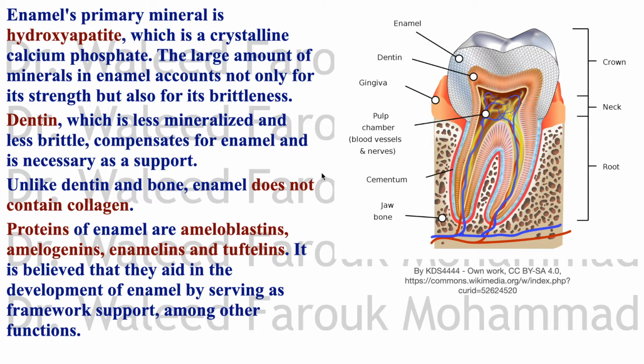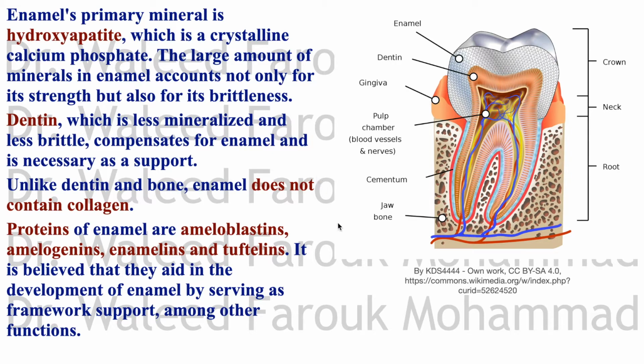The primary mineral in the enamel is hydroxyapatite. It's a crystalline calcium phosphate, and the minerals account for the strength and brittleness of the substance of the enamel. The dentin is less brittle and less mineralized, so it's rather softer than the enamel, but it provides support for the enamel, which does not contain any collagen.